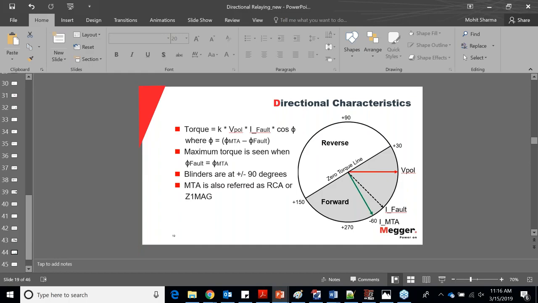So 32 is measuring the magnitude, the multiplication of voltage and current, and then deciding on the power. So the applications are different for 32 and 67. 32 is looking for directional power, so reverse power applications in generator protection, and then you have 32 and 67.